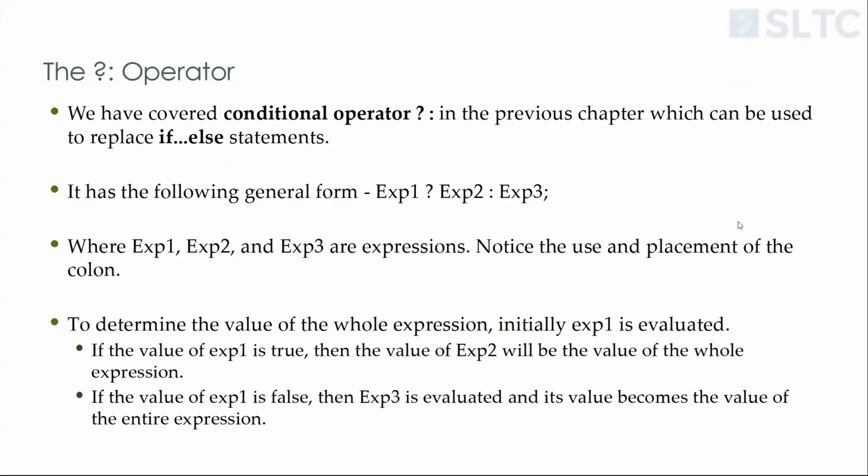Now there is also another interesting one called the ternary operator, right? Where sometimes we just want to test something and then give an output quickly without going through complex if-then-else statements. So in this case, we use two symbols. The first is the question mark, and then we have the colon.